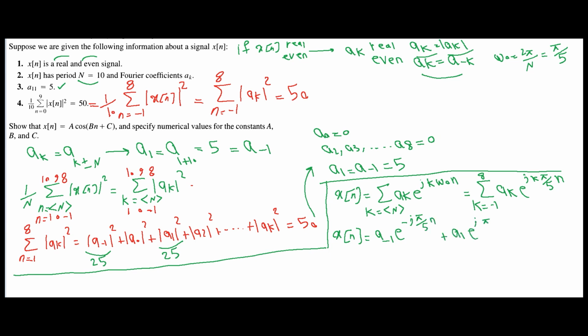However, we have already found that only two coefficients are non-zero. These are a_{-1} and a_1. Therefore, the signal becomes a_{-1} e to the power of minus jπn over 5 plus a_1 e to the power of jπn over 5.